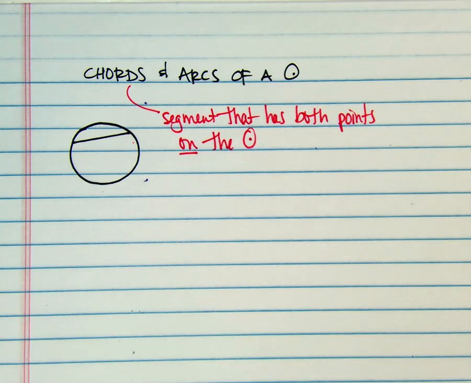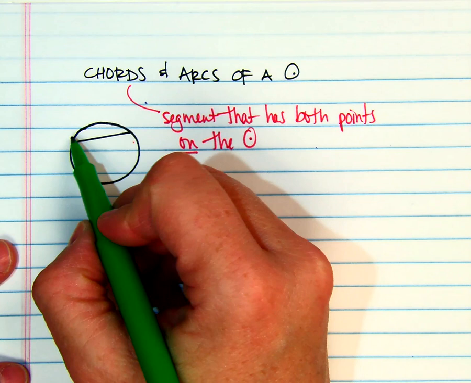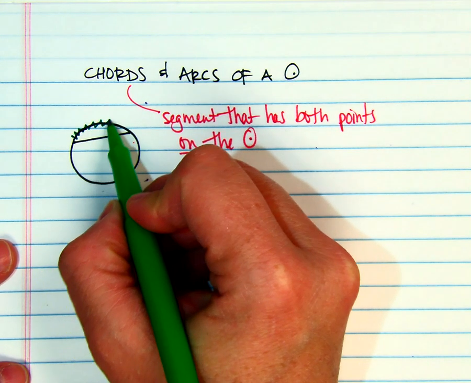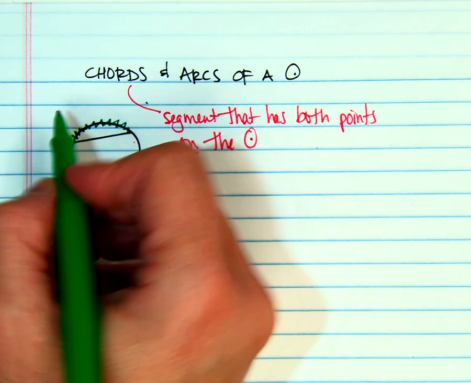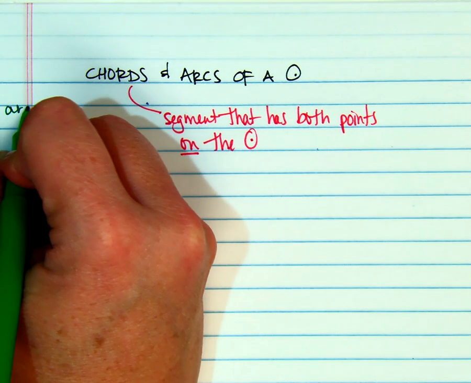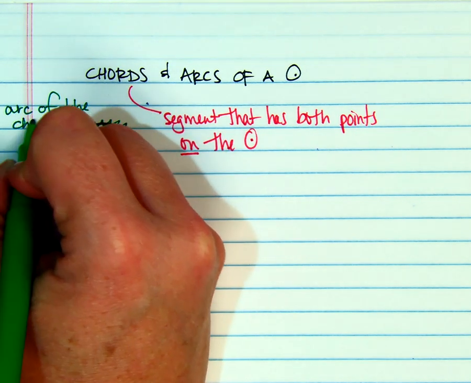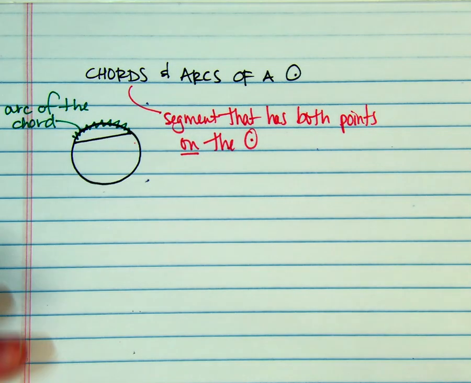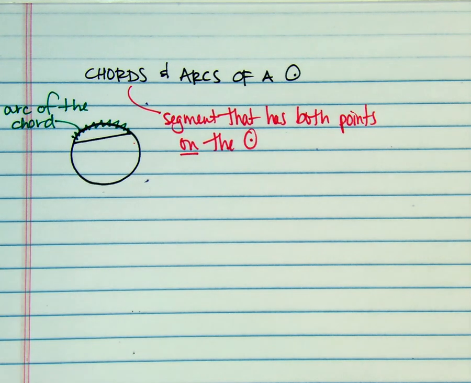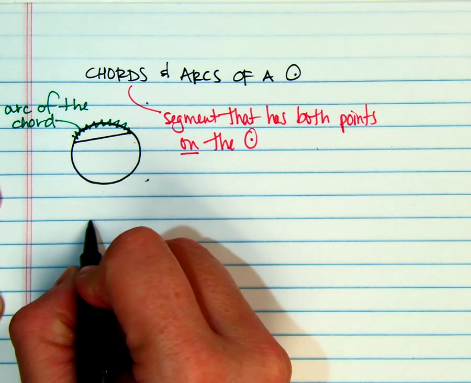Okay, this would be called the arc of the chord. Talking about the outside, so this would be the arc of the chord. Okay, so there are several theorems and special relationships that happen.